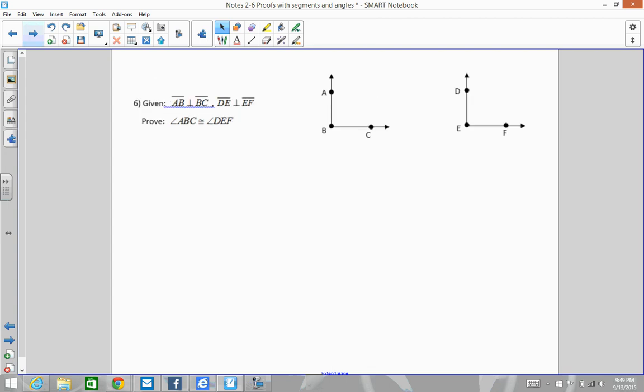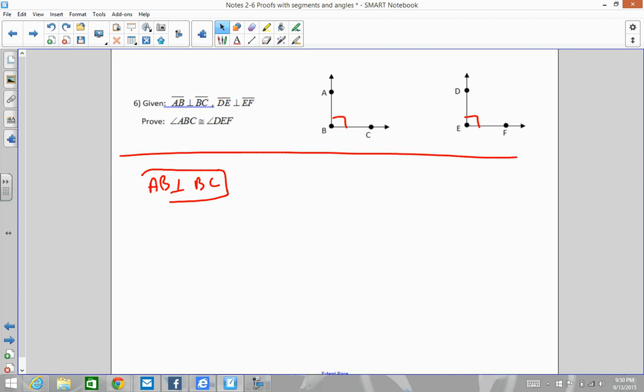Next building block. All right, so we have AB is perpendicular to BC, so that makes that a right angle, and DE is perpendicular to EF. We have that right angles. So we want to prove that those two angles are congruent. So AB is perpendicular to BC is a given statement.